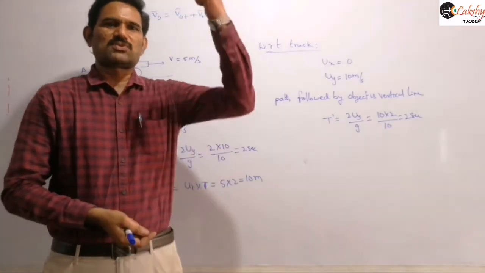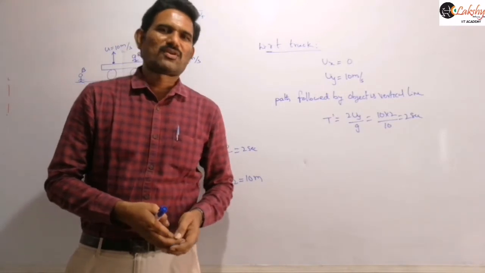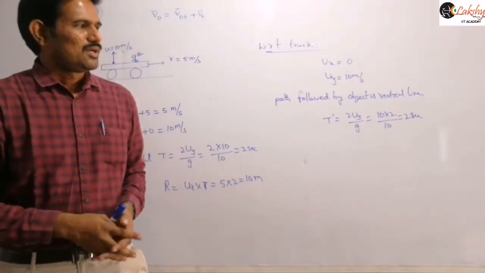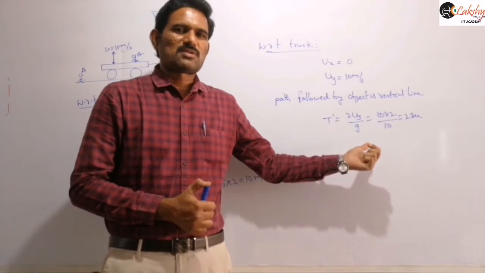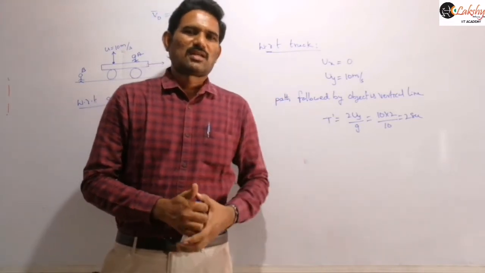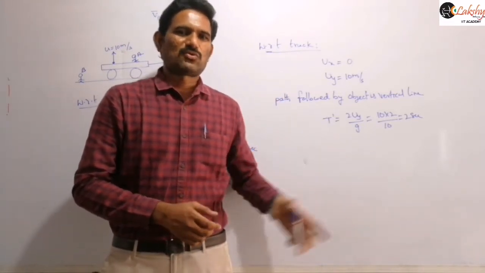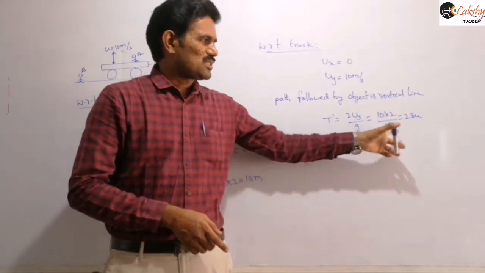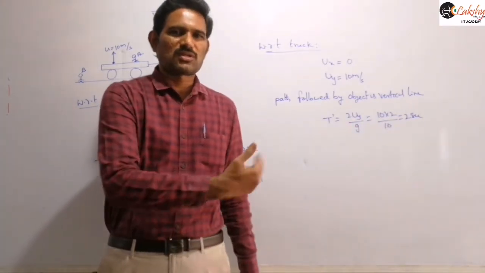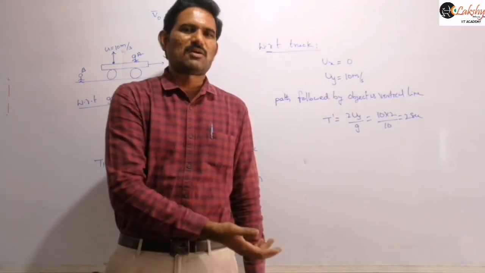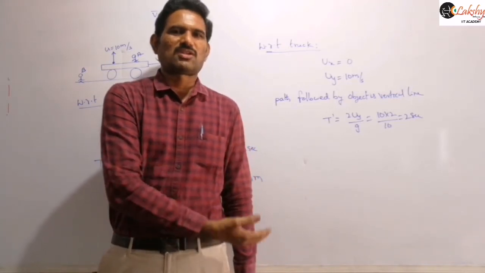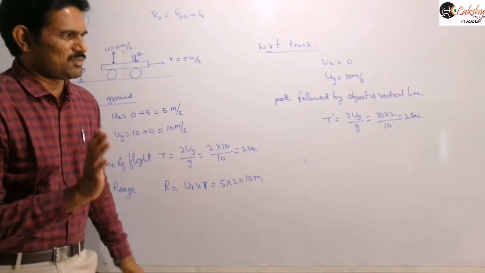When the object is projected vertically upwards, in one dimensional motion, you got this expression already. So 2u by g is 2 seconds. From this you can conclude that the time taken by the object to reach the initial point, either with respect to the ground or with respect to the truck, will be the same.